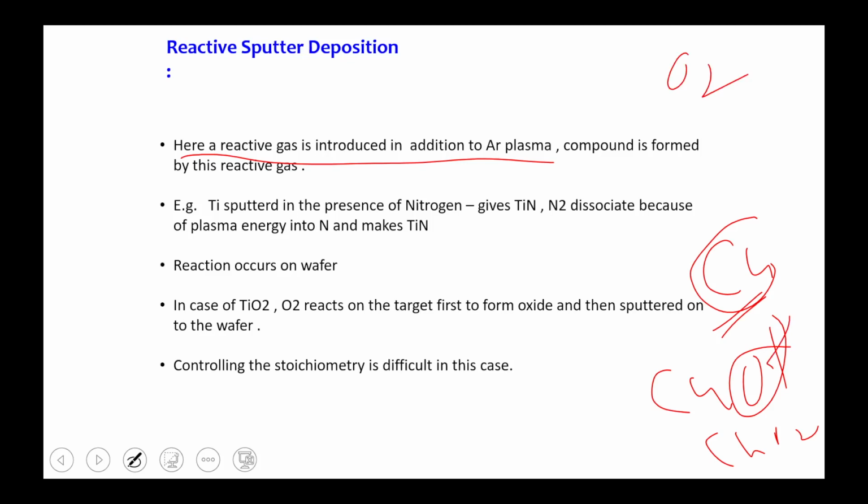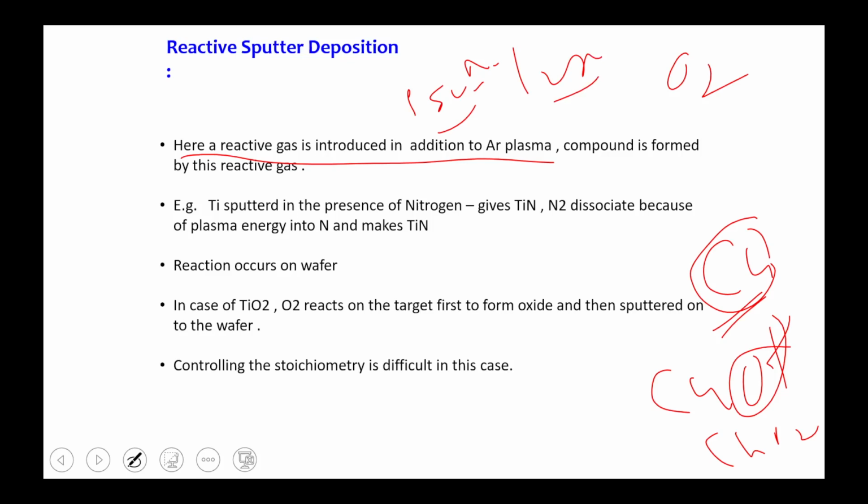So instead of argon, we use oxygen? Argon should be used because argon is an inert gas and it has more bombarding ability. Oxygen will be used to form the oxide. Suppose a mass flow controller is there, and you flow 1 SCCM of argon and 2 SCCM of oxygen. You mix both gases in the chamber.